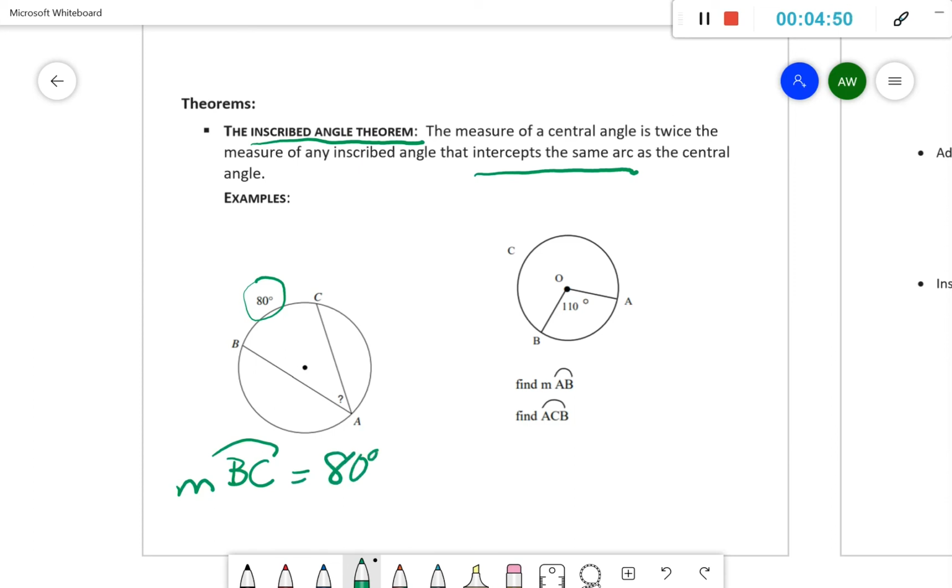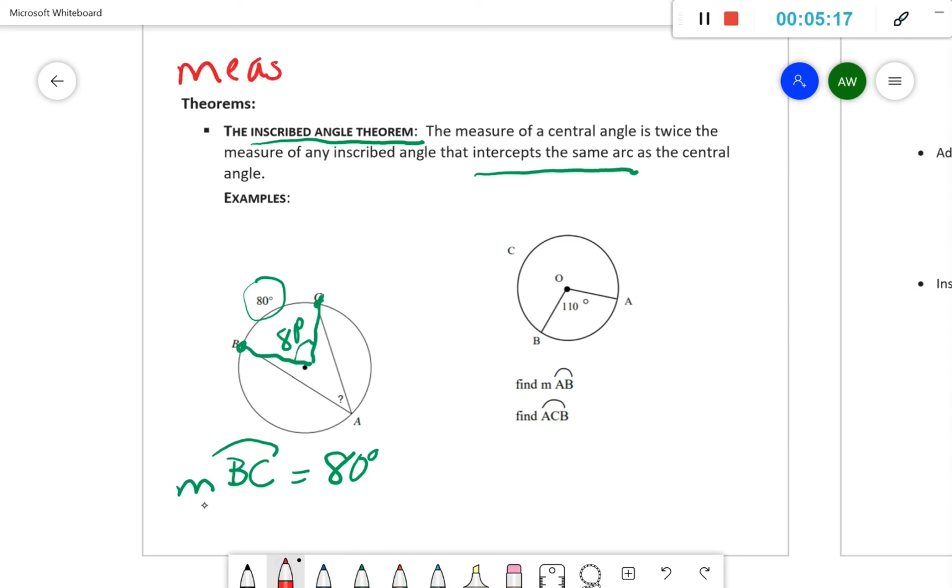Well, if we're saying that the measure of an arc is 80 degrees, we're saying that if we made a central angle with those 2 points, if I connected those 2 points to the center, then this angle would be 80 degrees. So that means that the measure of the arc is always equal to the measure of the central angle. That's not on this notes sheet anywhere, but you might want to write it down, right?